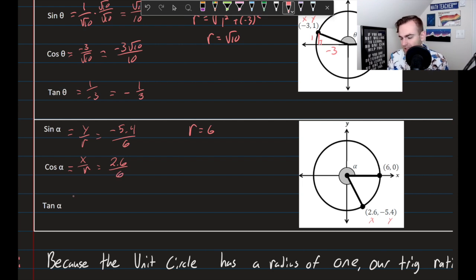And then finally, tangent is y divided by x, which would be negative 5.4 over 2.6. And is that nice? I think that is actually 5.4 divided by 2.6. No, it's not. So leave it like that. All right.